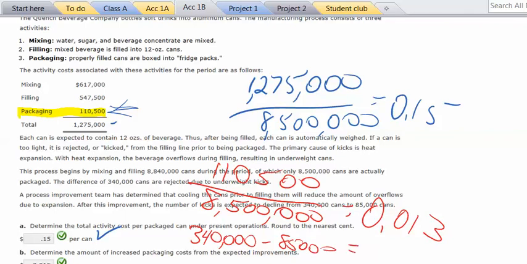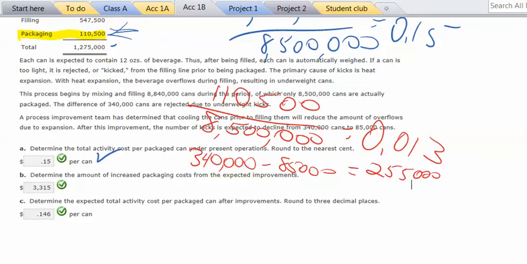That equals 255,000. Multiply the 0.013 times 255,000. That equals 3,315.